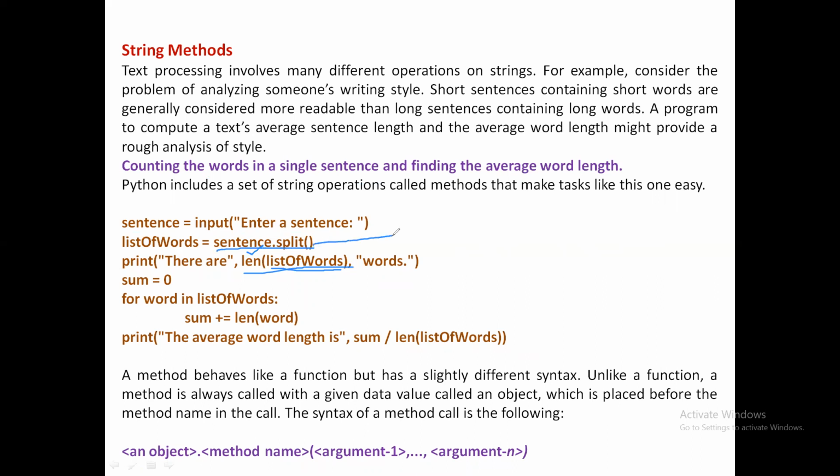This is a method. Split is a method, because it is called on an object, and a function is directly called. So you can look into this particular example. This is a function because a function is directly called, and maybe the arguments are going to be objects.